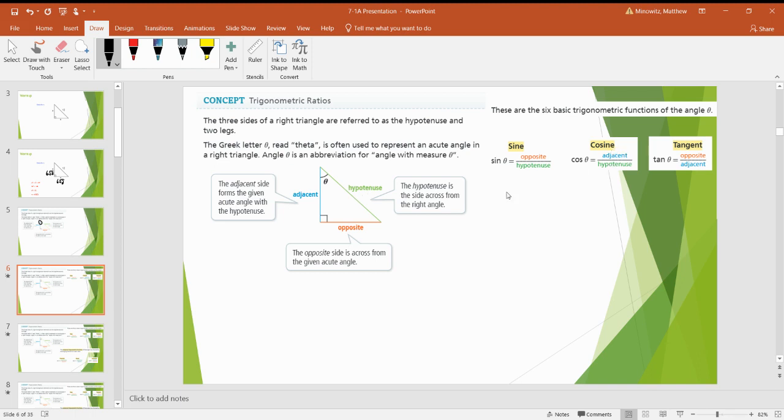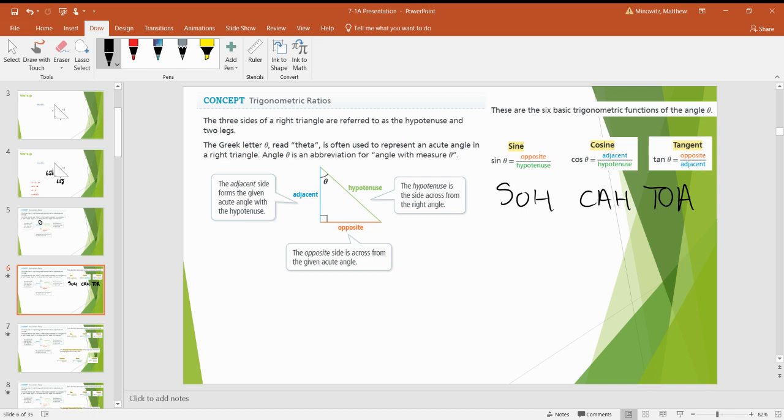And the tangent is equivalent to the opposite over the adjacent. And you may have seen this word before. You may have seen SOHCAHTOA, which is very useful in remembering what these 3 ratios are.